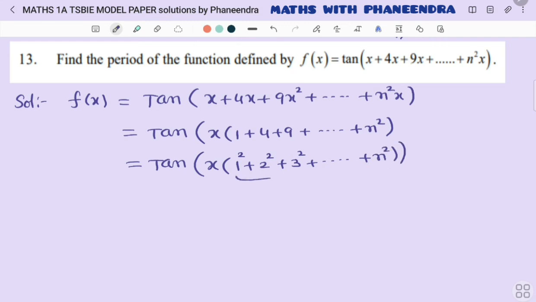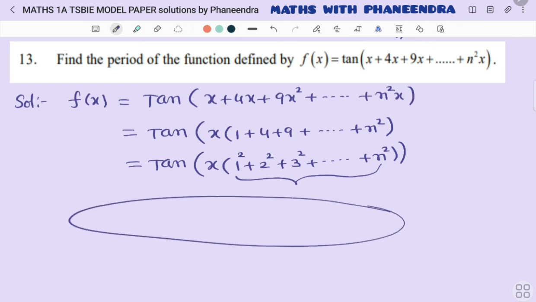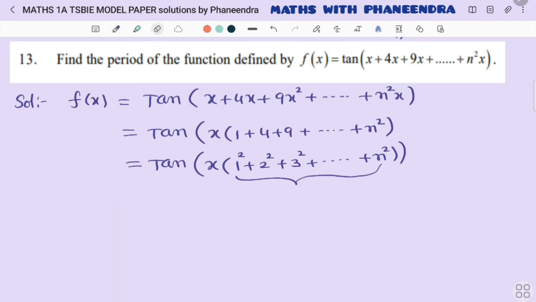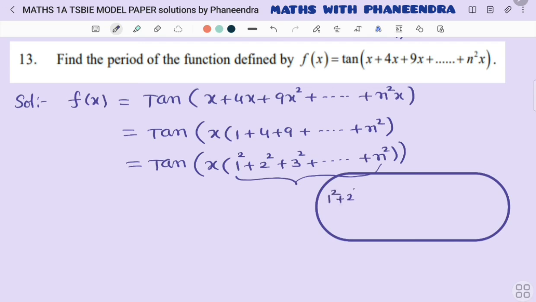This is the sum of the squares of the first n terms only, no? We know that formula. One square plus 2 square plus 3 square plus and so on plus n square is equal to sigma n square, that is also n into n plus 1 into 2n plus 1 by 6.